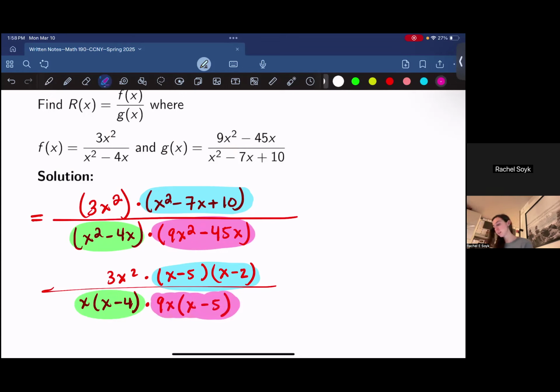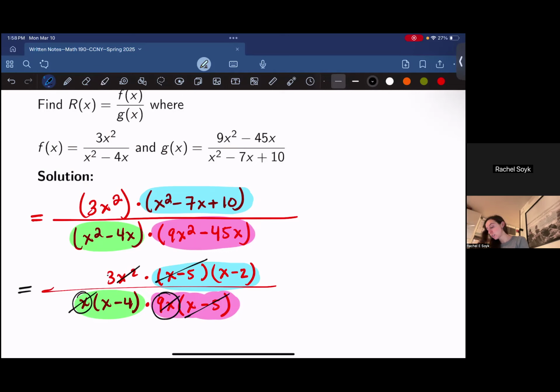And then let's see if we can cancel some stuff out. We have an x minus 5 in the numerator and the denominator. We have 3x squared in the numerator, and then we have a 9x squared in the denominator. So the x squareds can cancel out fully.